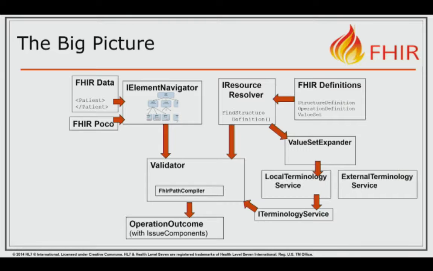As soon as the validator starts validating that, it will encounter canonical URLs, either because you pass it to the validator saying, I want you to validate this instance data against this structure definition, or because the structure definition you're validating it against references other structure definitions, or actually if it encounters extensions, because FHIR instances can, of course, reference extensions, and these point to structure definitions as well. It will go out to the resource resolver and try to find it. As I said, one of the things you probably have installed most of the time is the base FHIR definition, so at least the validator can validate against the base spec.